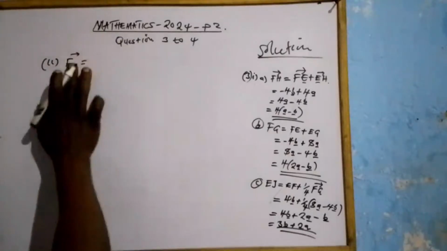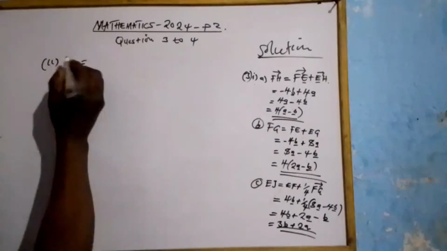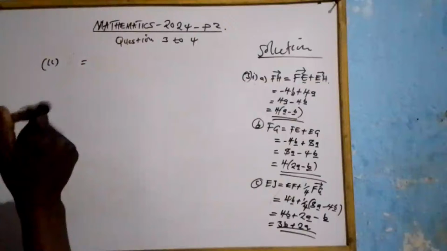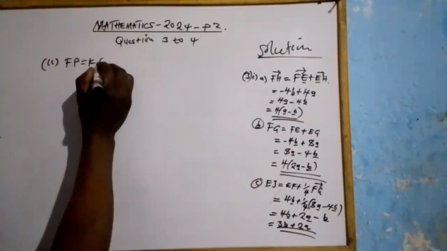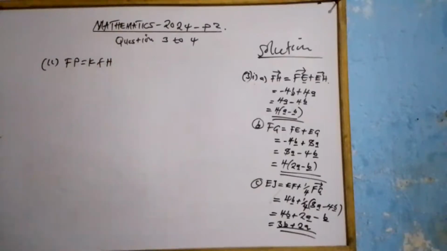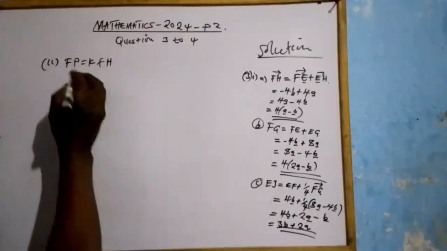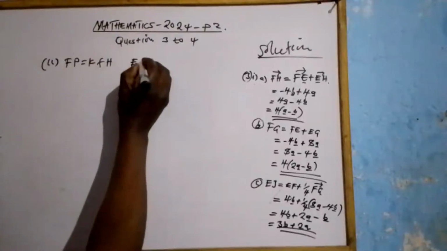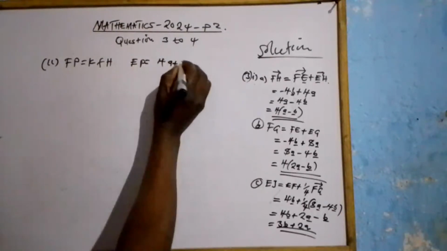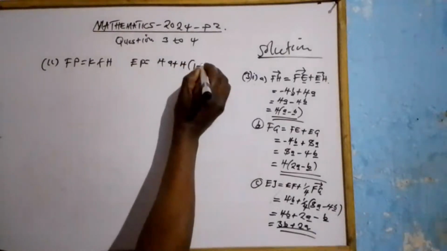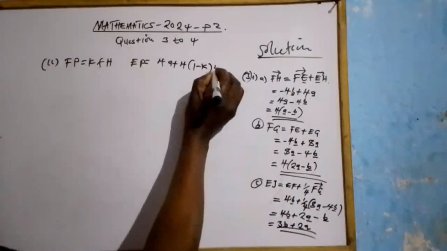First we have FP is equal to KFH, and we have to show that EP is equal to 4A plus 4 open bracket 1 minus K then B outside.